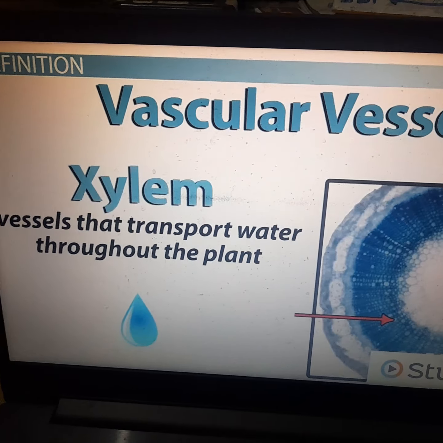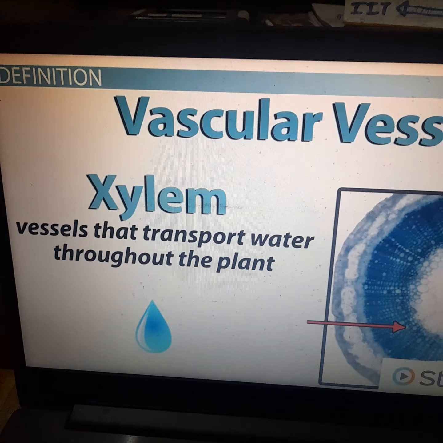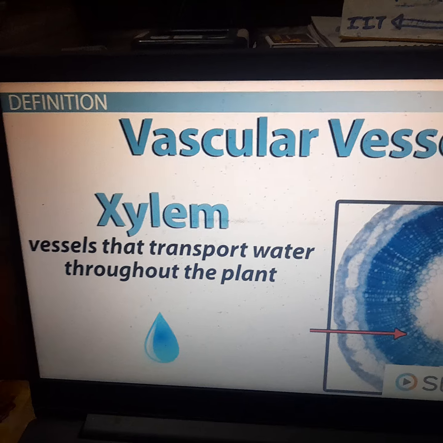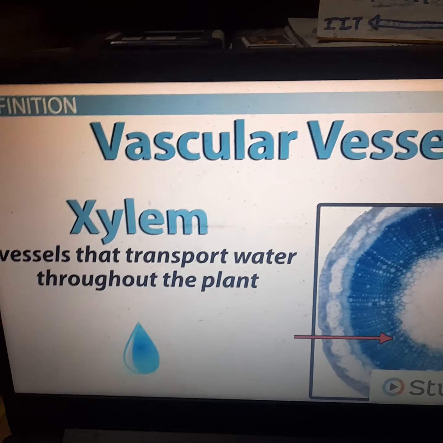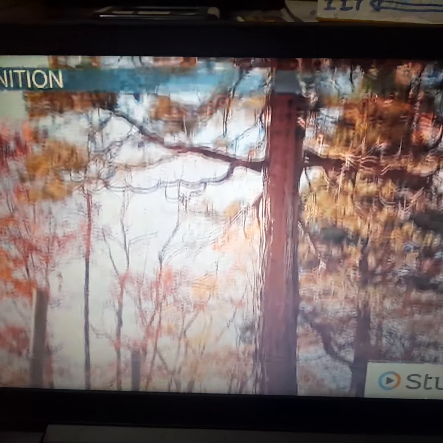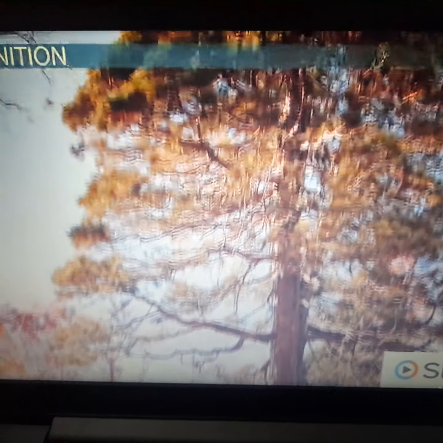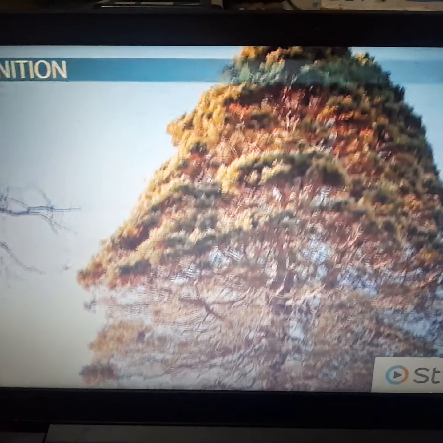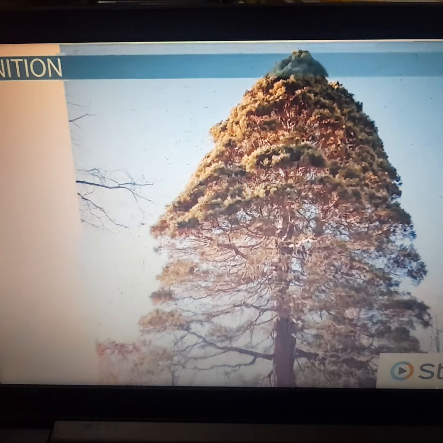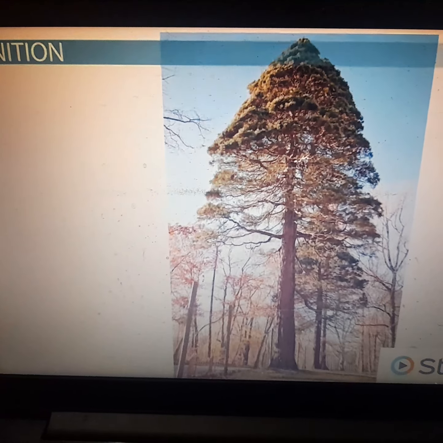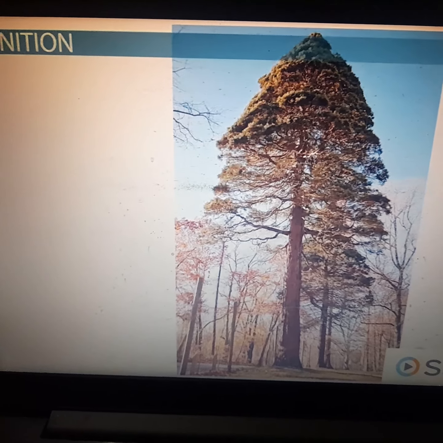And this is also a kind of vascular vessel, that is xylem, vessels that transport water throughout the plant. Algae is not an example of vascular plant. The vascular plant is basically which has xylem, which transports water and the materials.